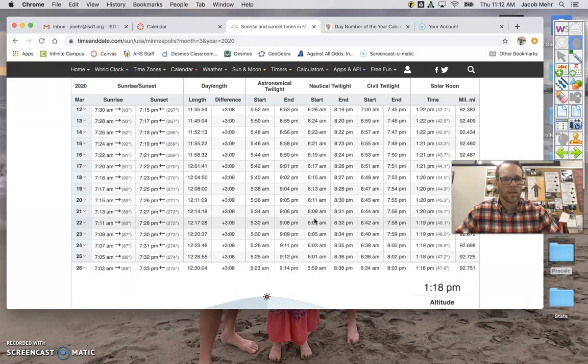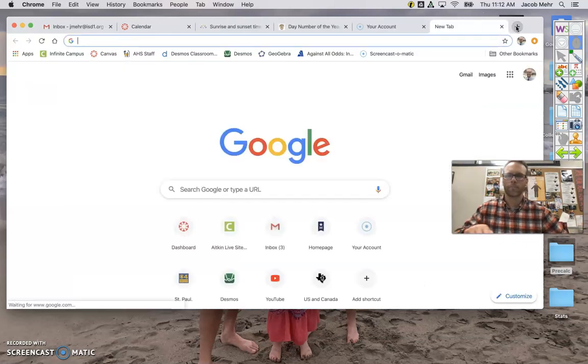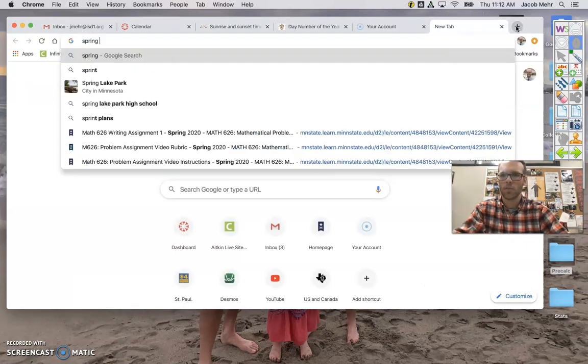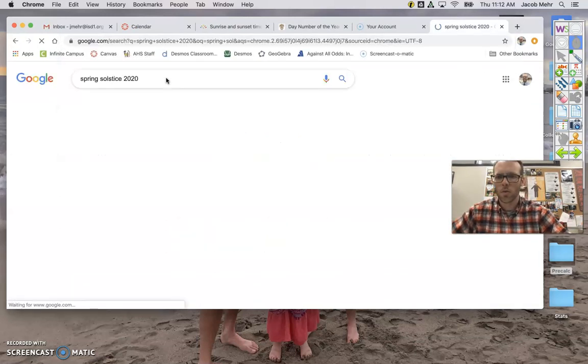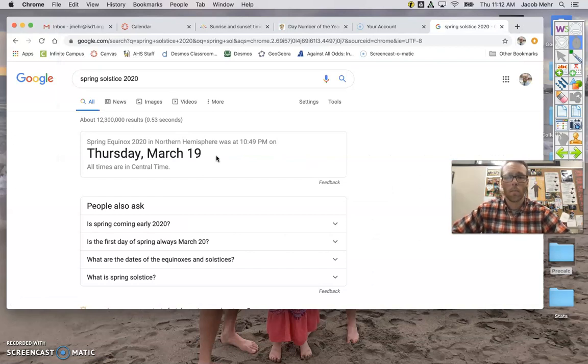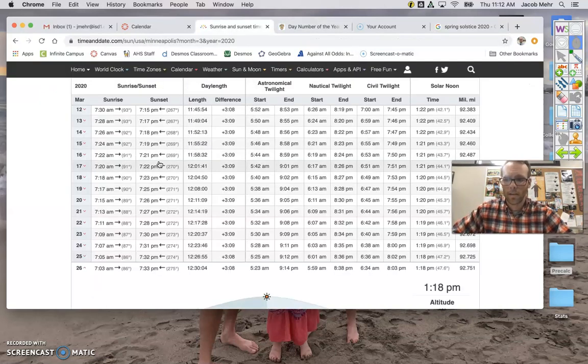And when is it in March that we go from winter to spring? Where do we cross over that threshold? What is the date on that? What do we call this? Spring, is it called spring solstice? There we go. Spring solstice 2020 was Thursday, March 19th, apparently at 10:49 p.m. So let's come back here and find the 19th.